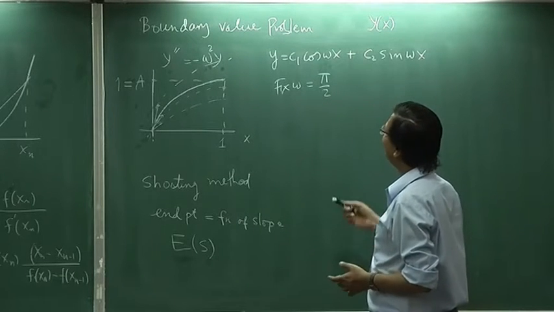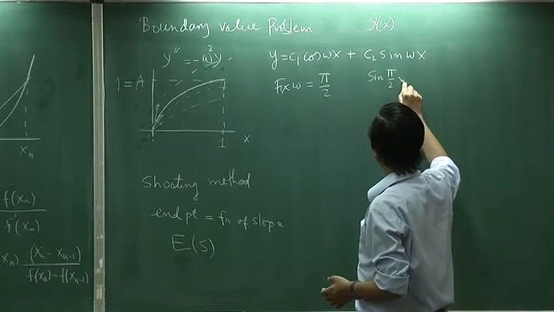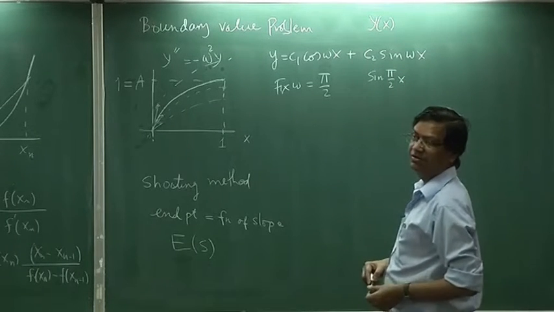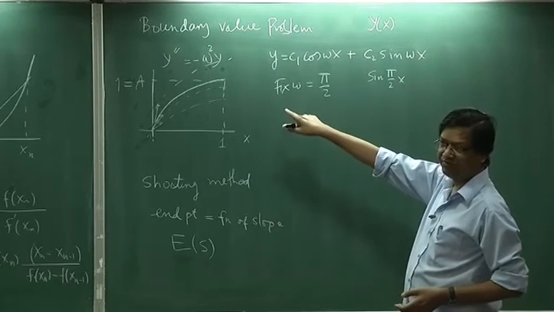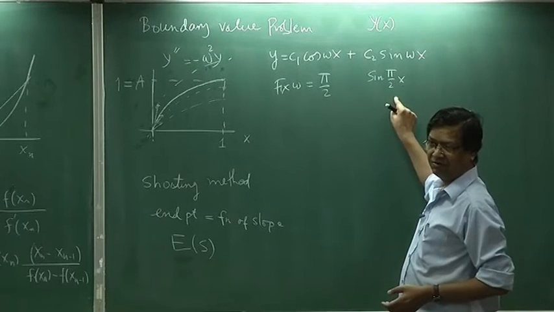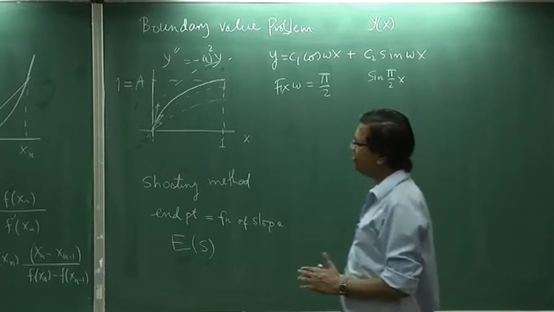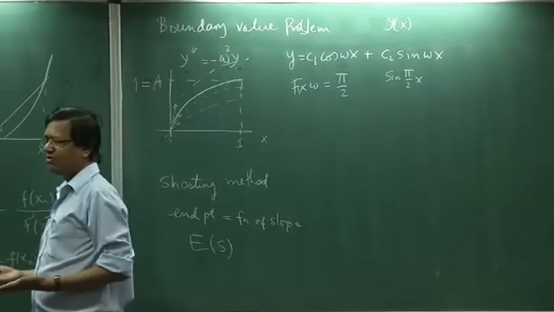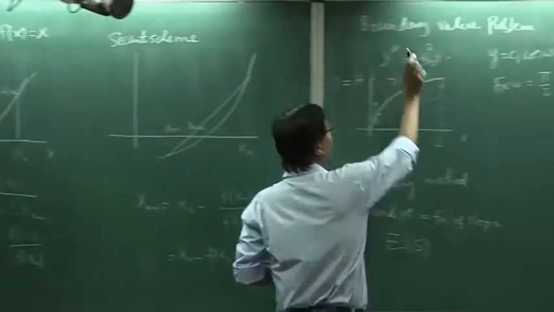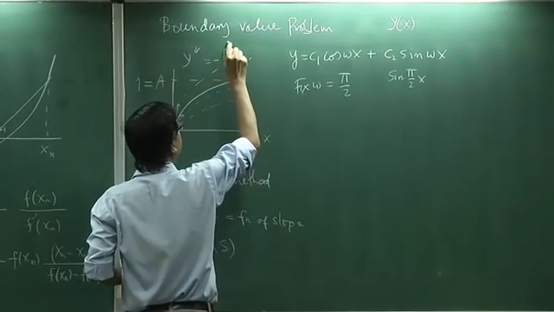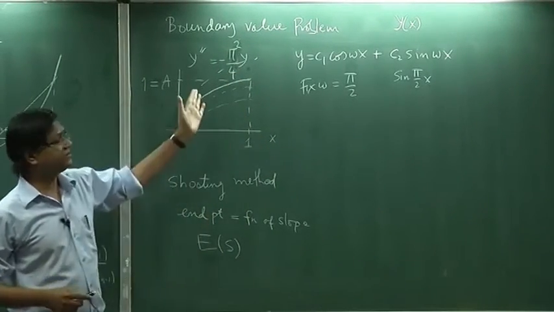So I know the answer is sine of pi by 2 x, because at x equal to 1 I want the value of the function to be 1. So I am choosing omega to be pi by 2. This tells you how to solve the boundary value problem. To begin with, this was basically pi squared by 4, so I was solving this equation.